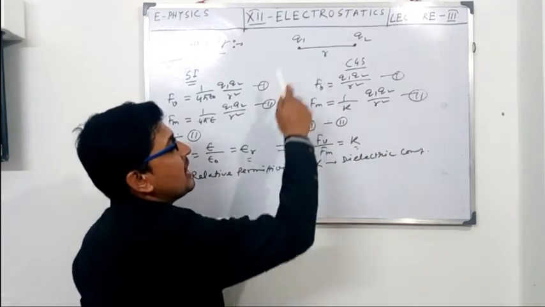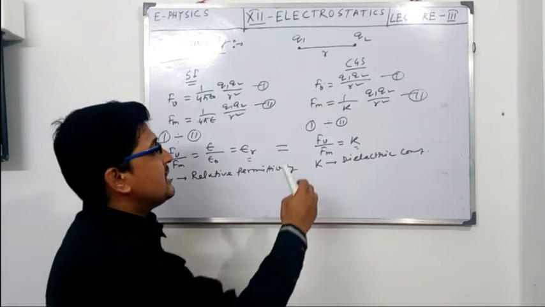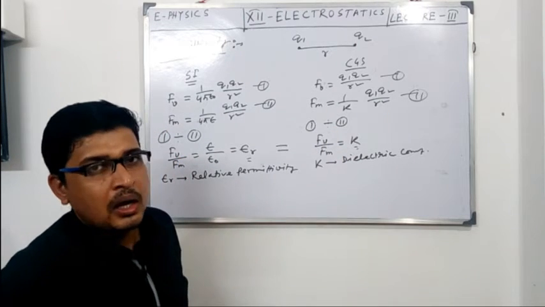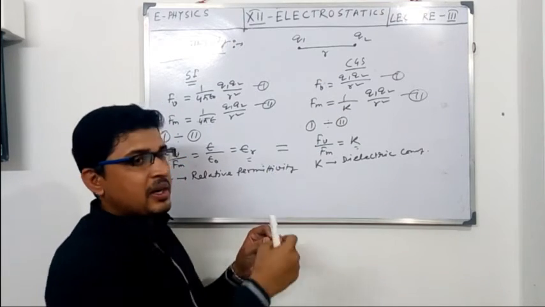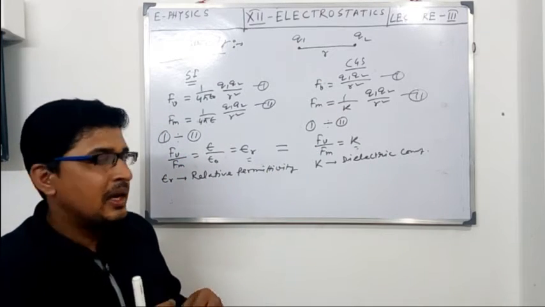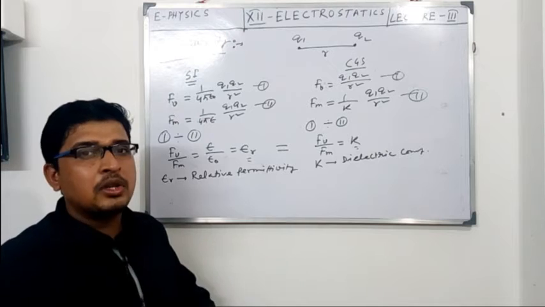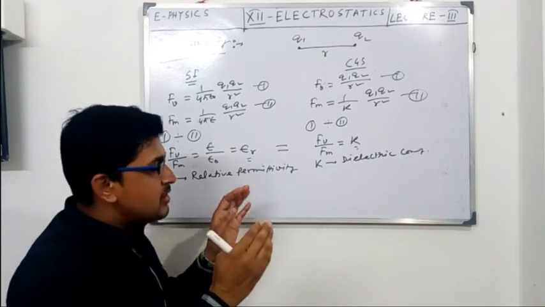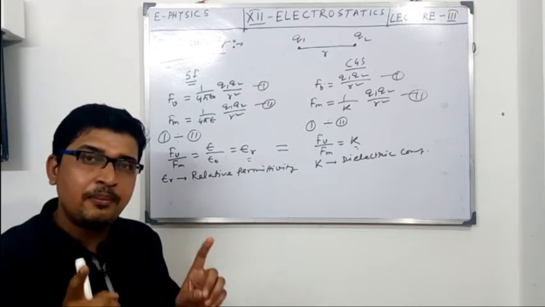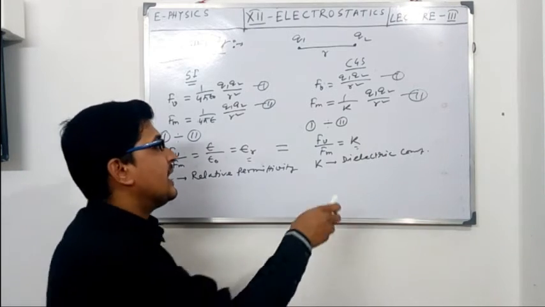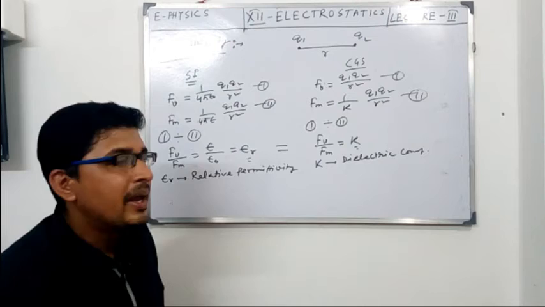सो दो चार्ज पार्टिकल को, दिस इज द रेशियो बिटवीन द magnitude of the force between the two charged particles kept at a certain distance in free space to the magnitude of the force between the same two charges kept at the same distance in any other medium, that is Fv by Fm.